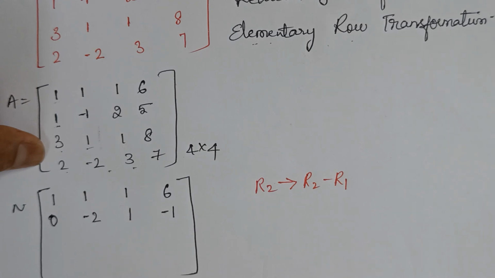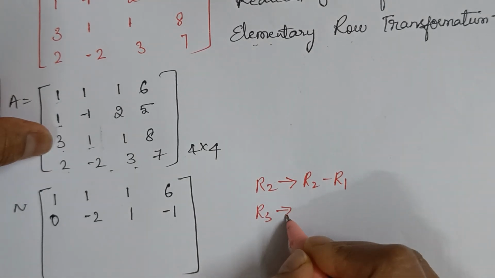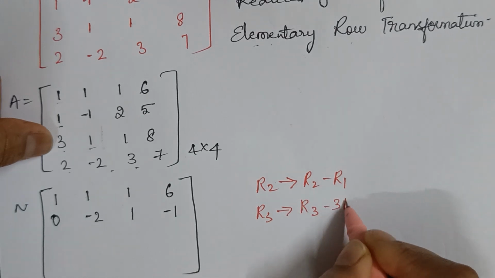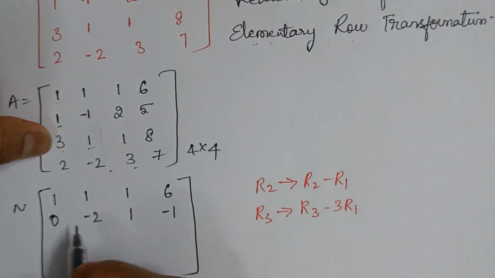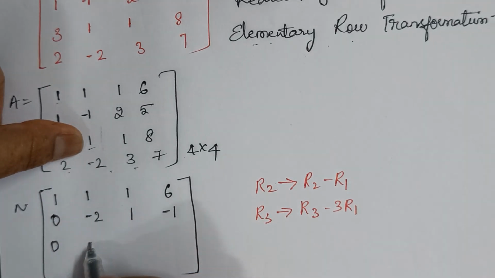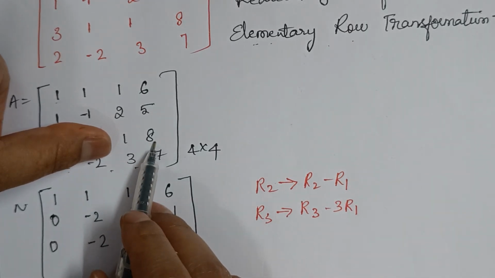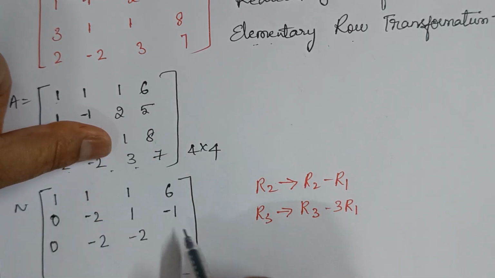Row 3 also I have to perform something so that it becomes 0. So row 3 changes to row 3 minus 3 times row 1. So 3 minus 3 becomes 0, 1 minus 3 becomes minus 2, 1 minus 3 becomes minus 2, 8 minus 18 becomes minus 10.